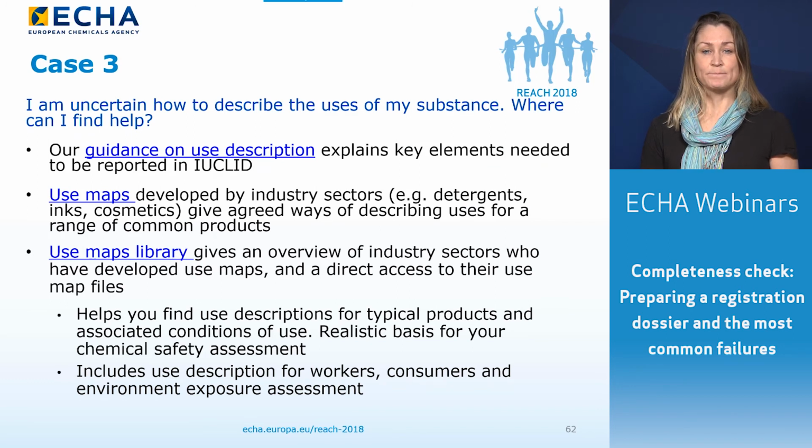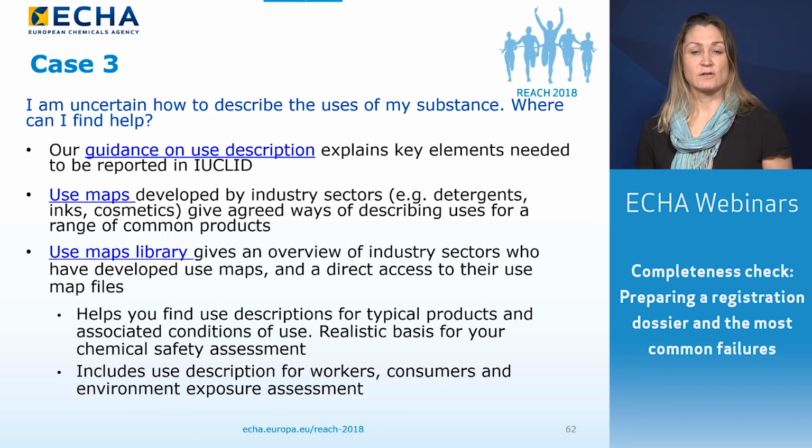Case number 3 is about the uses. Our guidance on use descriptions explains the key elements needed to be reported in IUCLID. The use maps were developed by industry sectors, for example detergents, inks, or cosmetics, and they give the agreed ways of describing the uses for a range of common products.